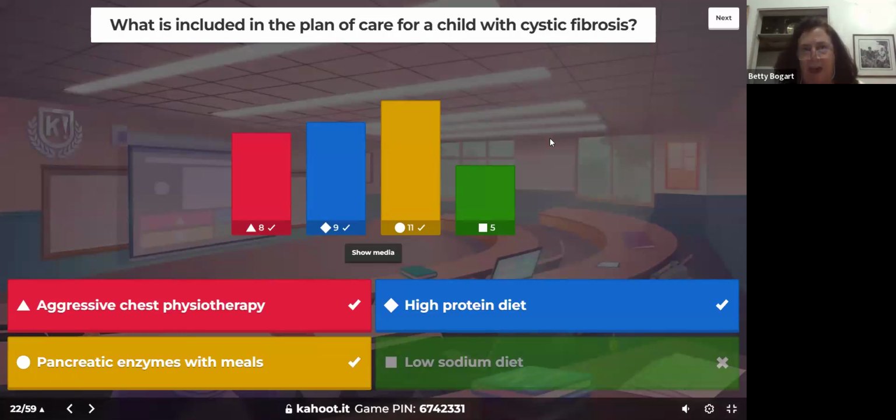They can't absorb fat, so what do we do? High protein, high carbohydrates. Their lungs are full of junk, so aggressive chest physiotherapy, and to be able to at least absorb some nutrients, pancreatic enzymes directly before meals, not an hour before, directly before meals, either sprinkling it on or taking the capsules as they get older.